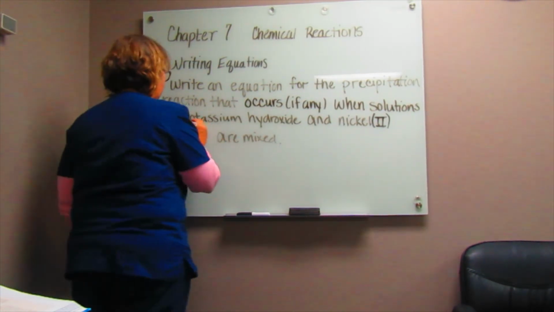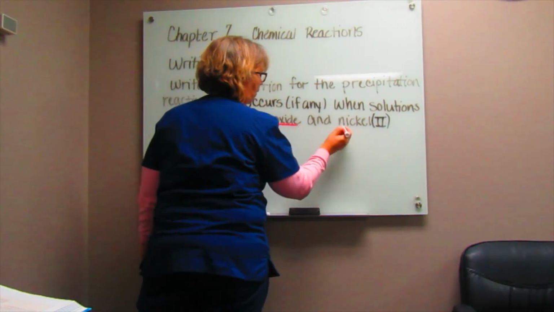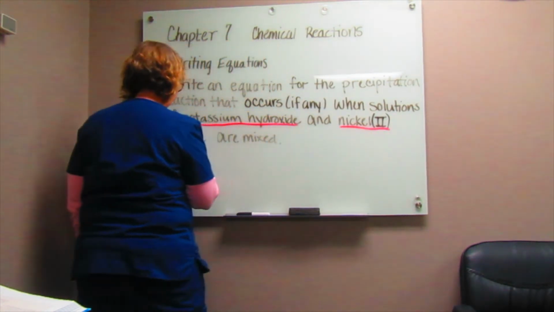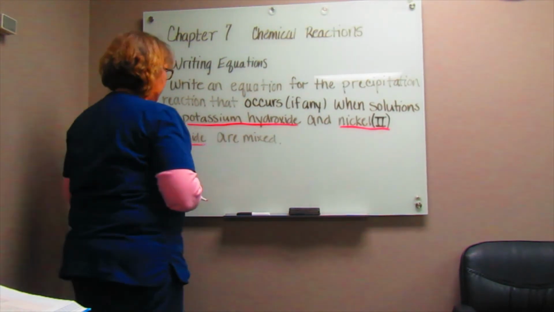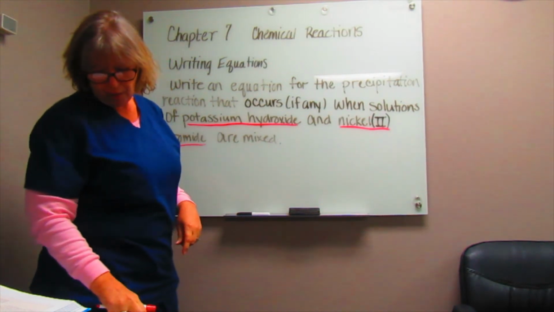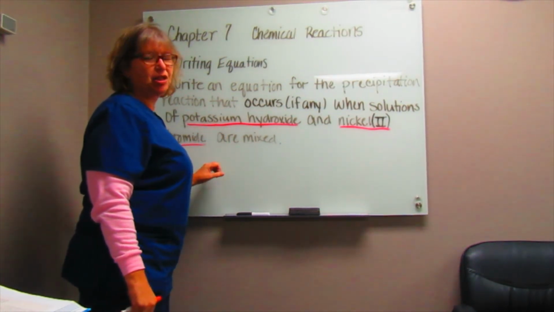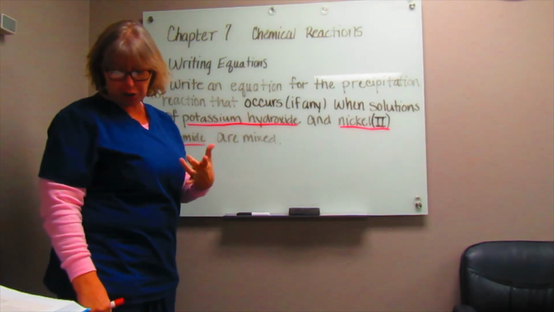So our substances are the potassium hydroxide and the nickel 2 bromide. Checking our solubility chart, we need to determine if either one of these is potentially insoluble based on our solubility chart.